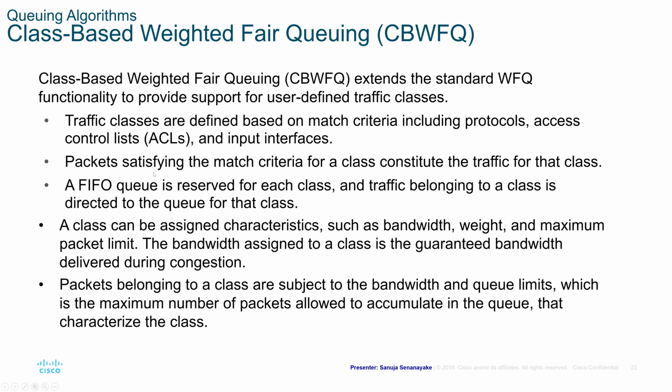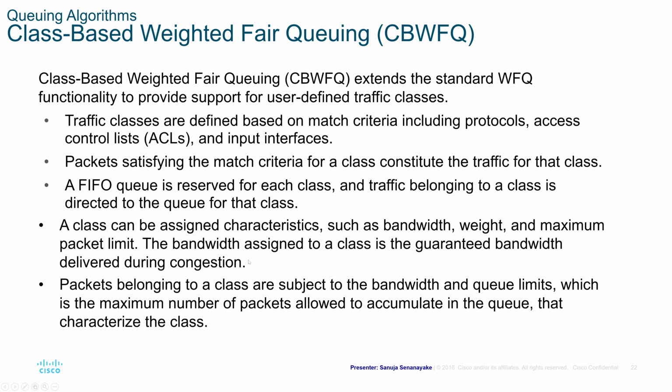First we get the packet satisfying the match criteria for a class, and then that class is used to create the queues, then we use first in first out on that class, and then the traffic will be forwarded accordingly. A class can be assigned characteristics such as bandwidth, weight, and maximum packet limit. The bandwidth assigned to a class is guaranteed bandwidth delivered during congestion.